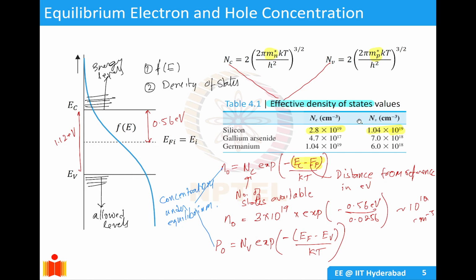Now, using NC and NV, you can calculate the electron and hole concentration as n naught equals NC exponential of minus (EC minus EF) by KT, and for holes p naught equals NV exponential of minus (EF minus EV) by KT.